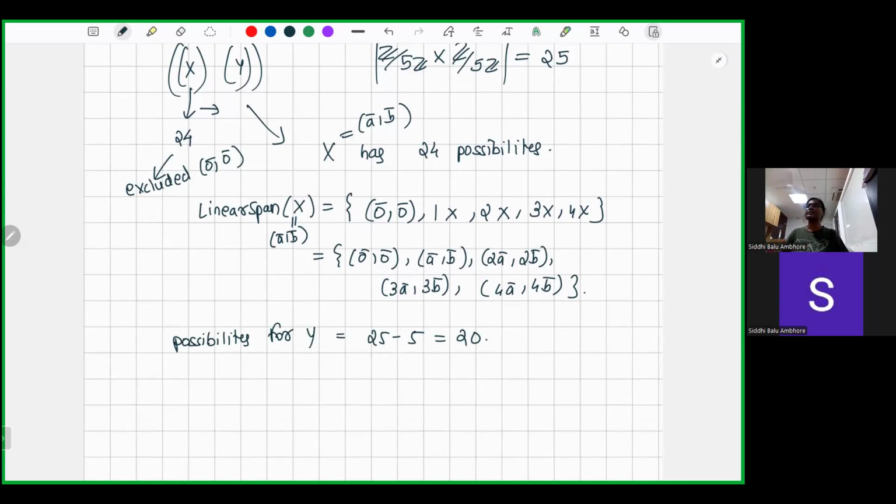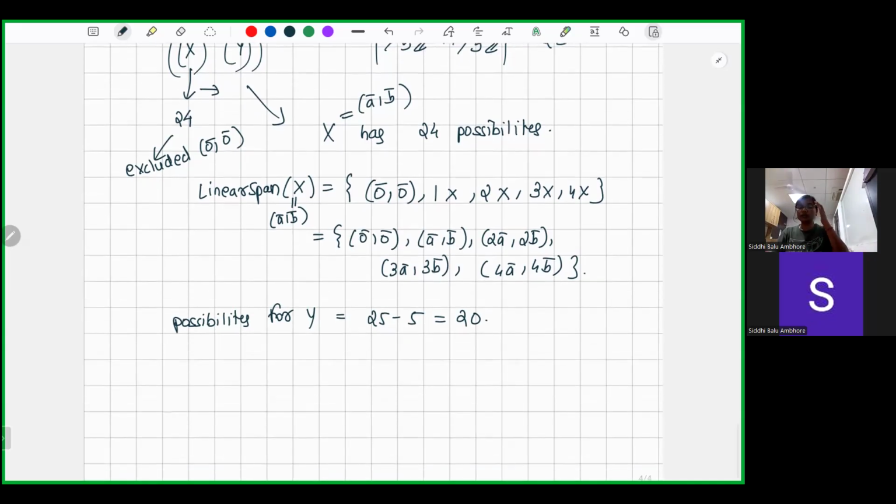So we are already excluding 0, 0 when we are choosing y, and that's why we don't have to reduce the possibilities again. So for y we now have 20 choices.